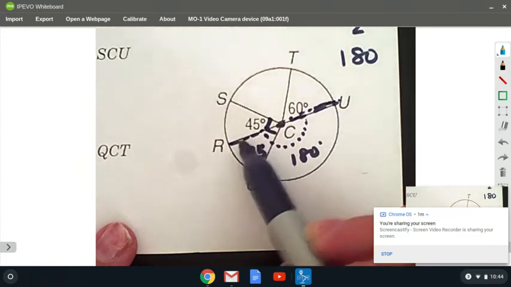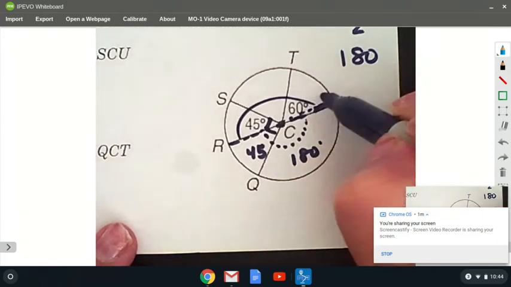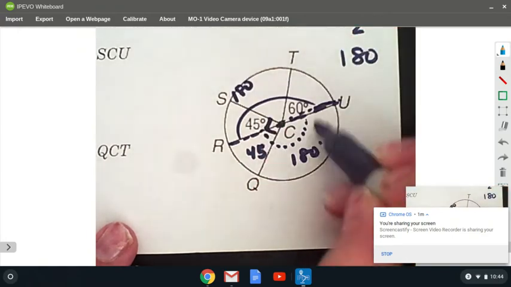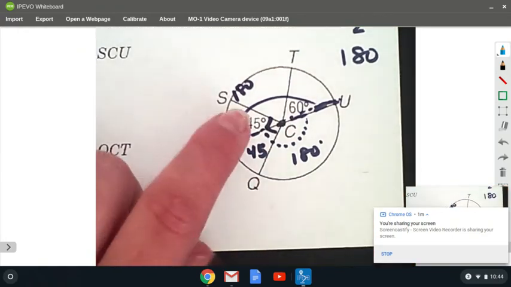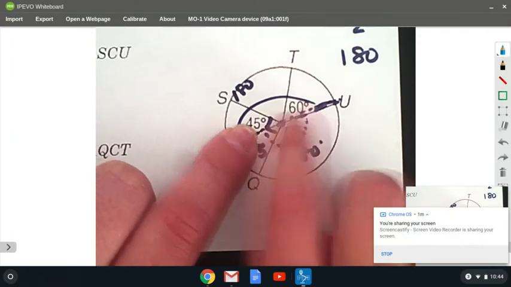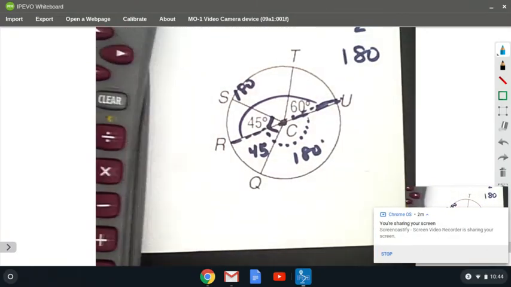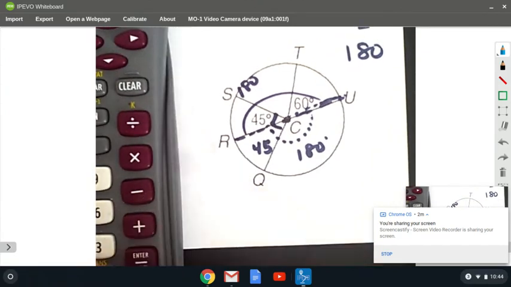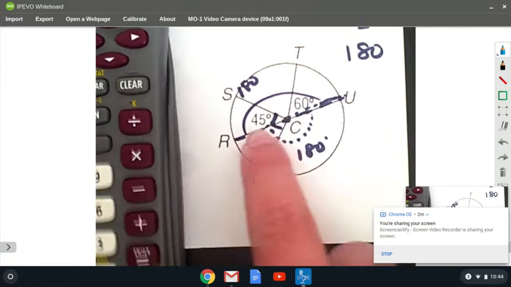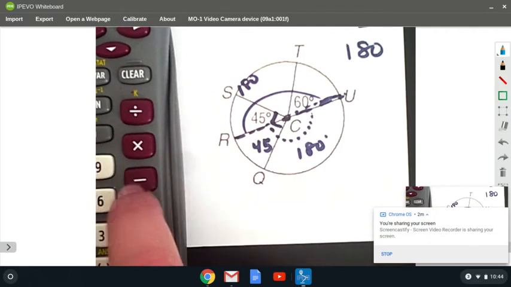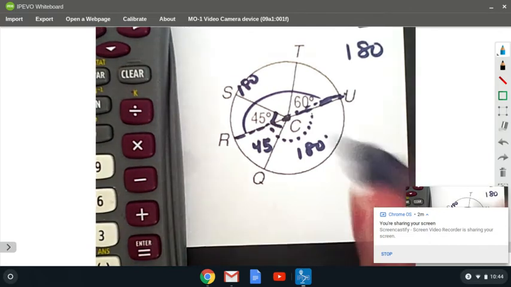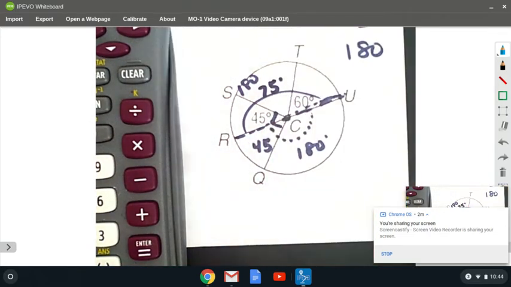This marks the fact that this side's 180 and this side's 180. I know that I have 2 out of the 3 pieces that make 180, so I can easily find the third. I could do 180 minus 45 and 60. That makes this piece here 75.